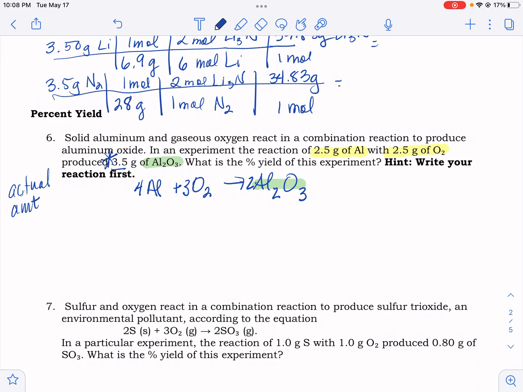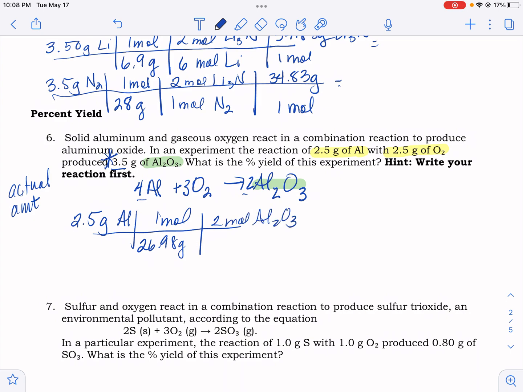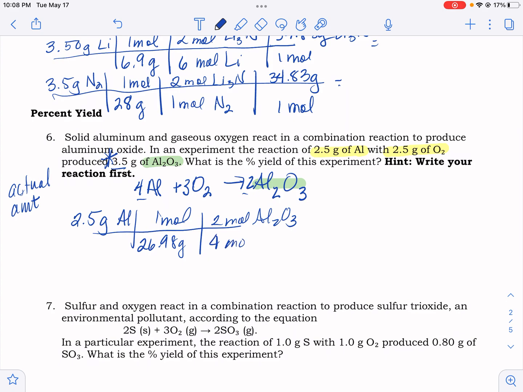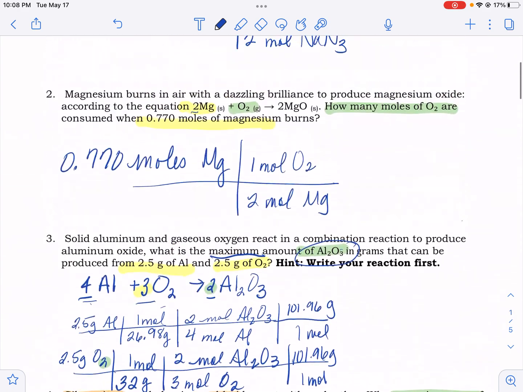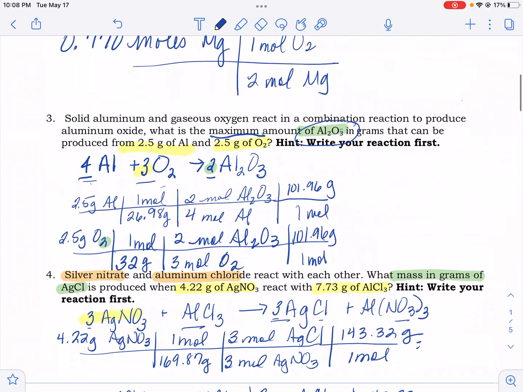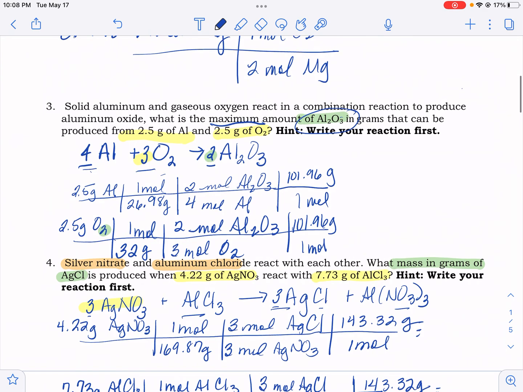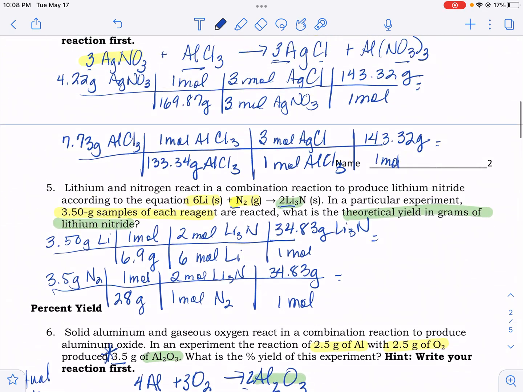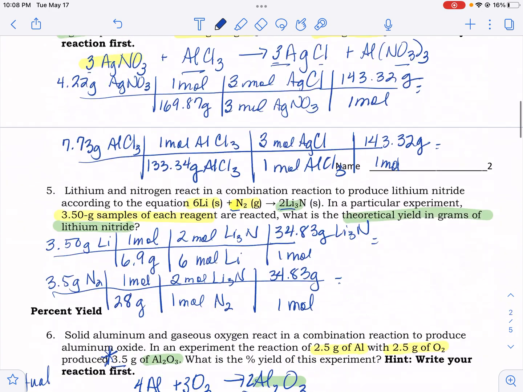All right, we'll come back to that. 2.5 grams of aluminum divided by the molar mass of aluminum, 26.98 grams in 1 mole. Our ratio is 2 moles of aluminum oxide to 4 moles of aluminum. I'm just going to go back to number 3, where we used it before, and the molar mass of aluminum oxide was 101.96.